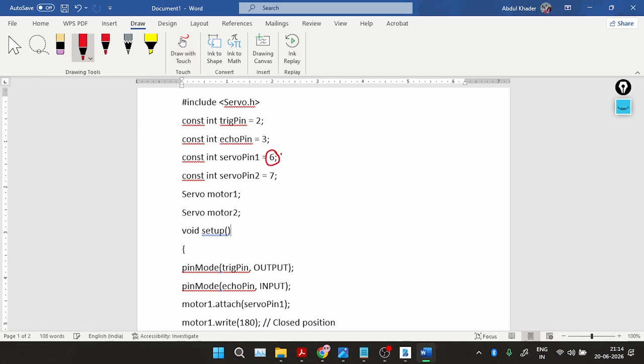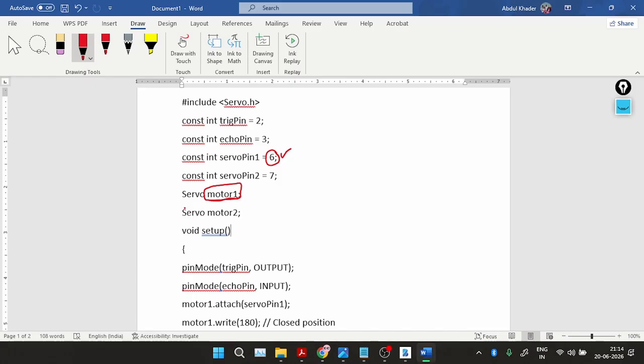In this case, pin number 6 of the Arduino board is connected to the trigger pin of the servo motor. Now motor 1 is the actual name, the string that we are using to identify the motor in the whole program, that is a servo motor.